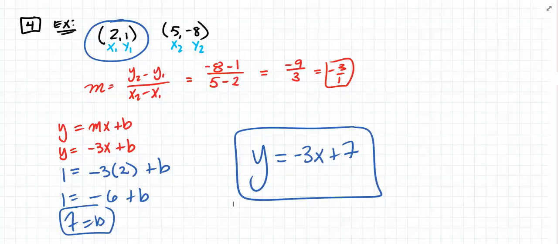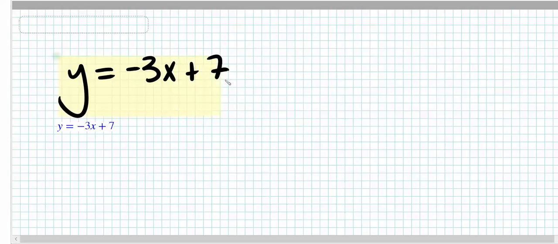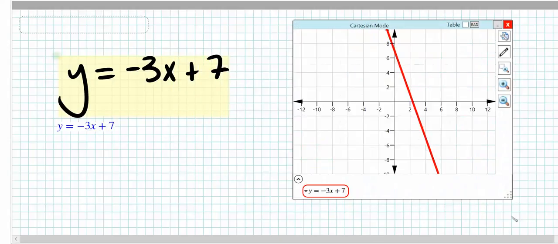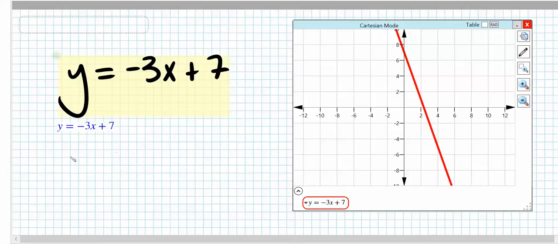So I'm going to go ahead and check to make sure that that's indeed correct. So we had this. We had the line y equals negative 3x plus 7. Is that true? Okay, so there is this line, negative 3x plus 7. What were the 2 points? 2, 1. Let's put that one on there. 2, 1. Does that look like it's on the line there?